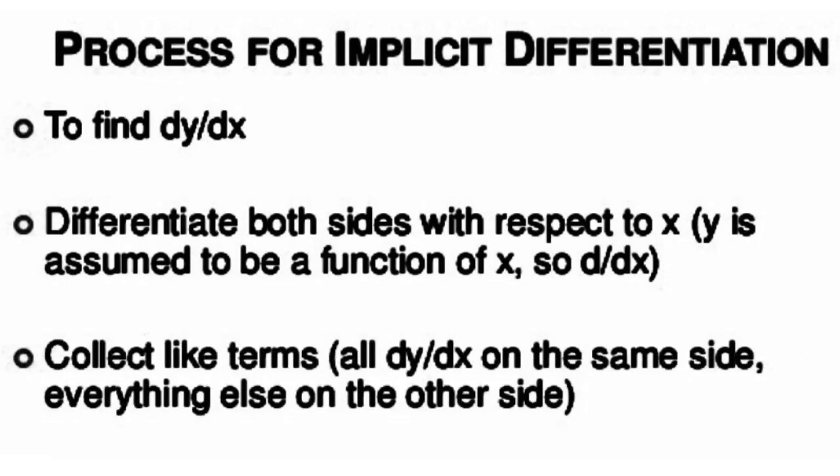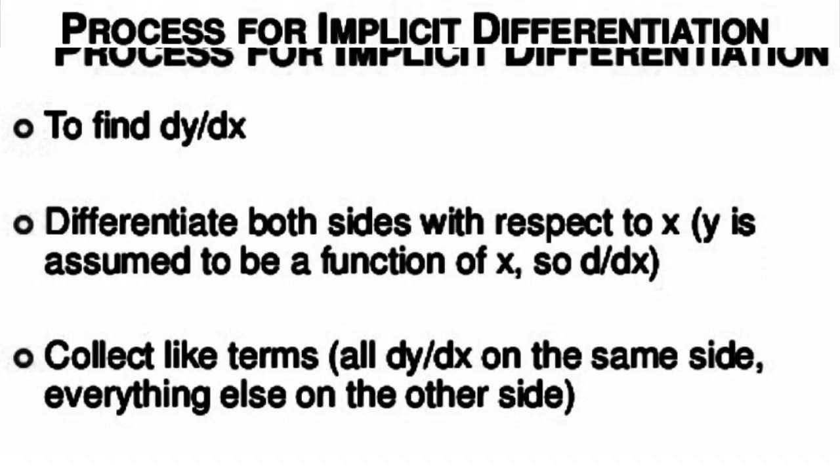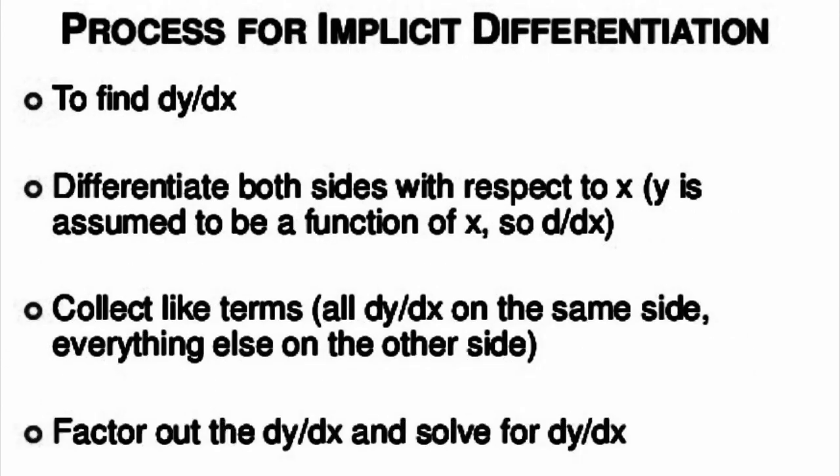Collect like terms, means all dy by dx on the same side and everything else on the other side. Factor out the dy by dx and solve for dy by dx. So this is the process of finding differentiation of implicit function.